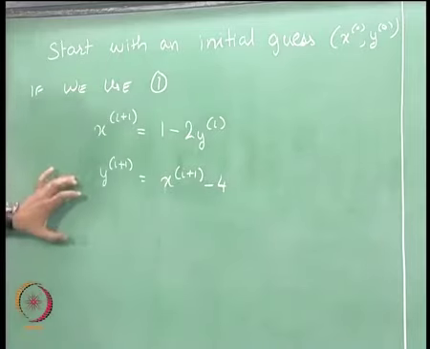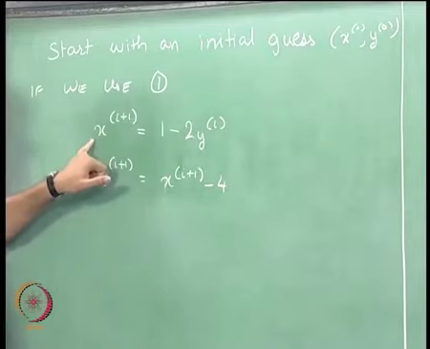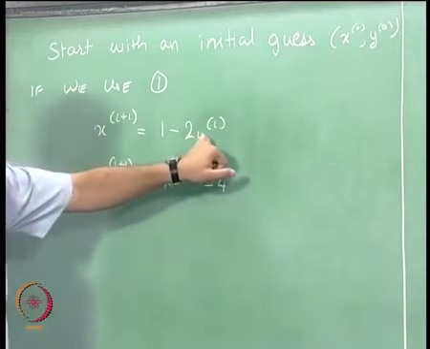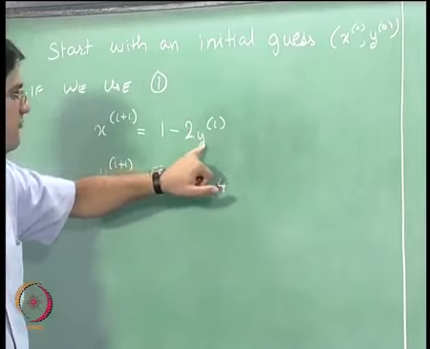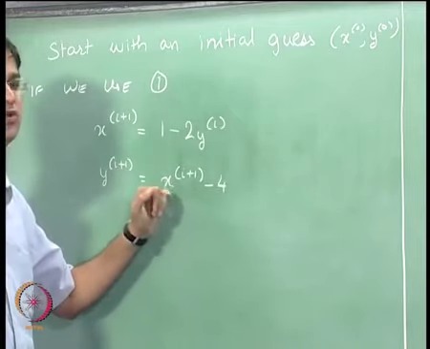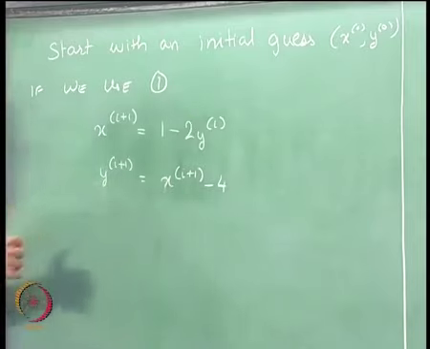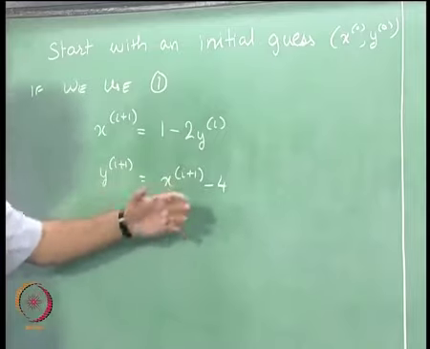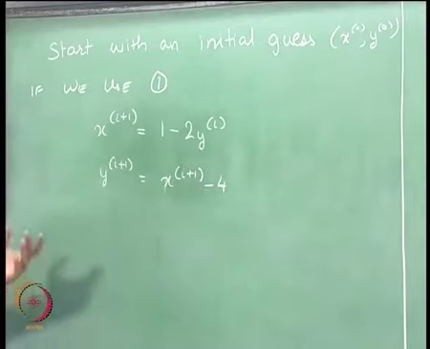These are the two equations we are going to use. Notice what we have done is in the equation for x we have used the previous value of y(i). In the equation for y we have used the newest value of x. So what we do essentially in a Gauss-Seidel iteration is use the latest values of x and y that we have computed through the iterative process.